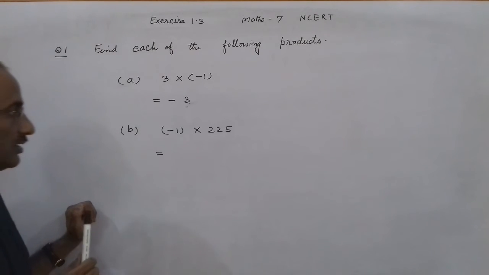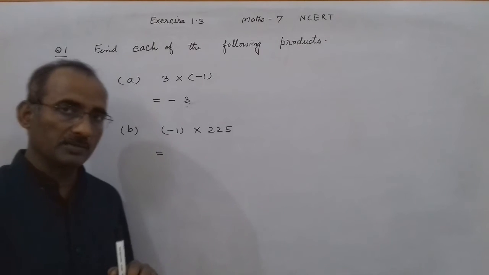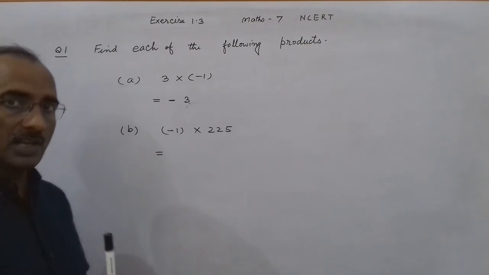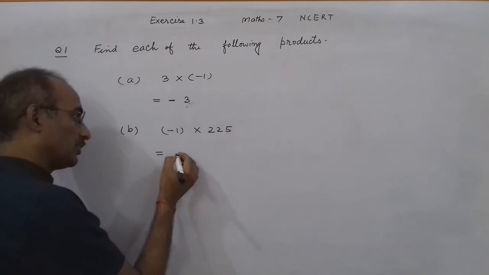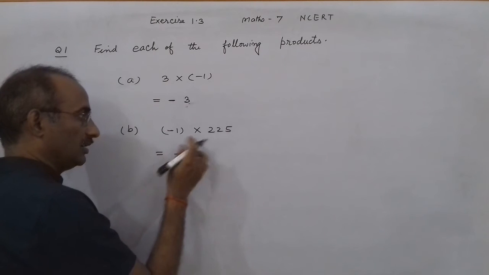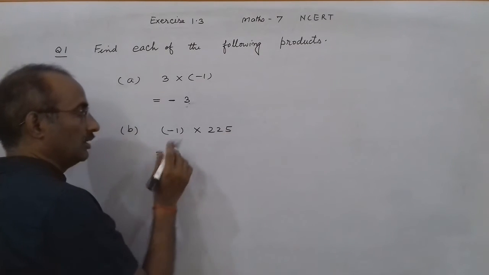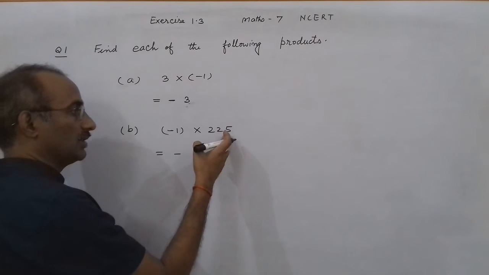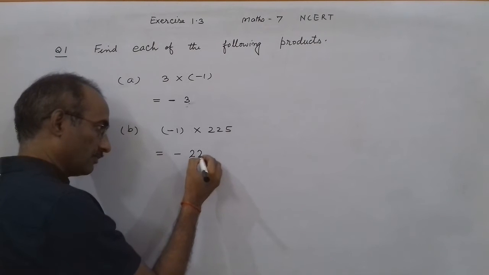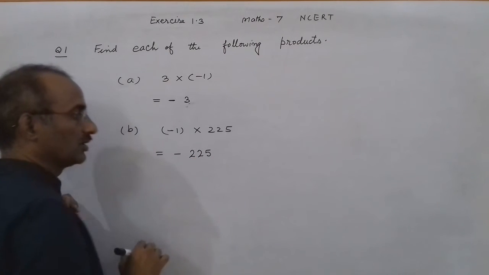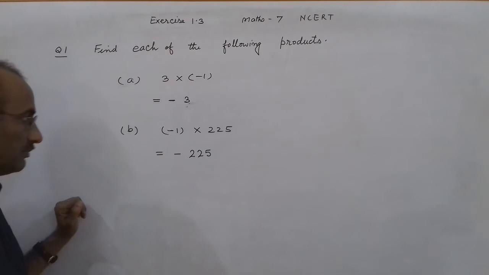If we multiply a positive integer and a negative integer, then we get a negative integer. So here we put a minus sign and then we multiply 225 with 1. When we multiply 225 with 1, we get back the same number. So our answer is minus 225.